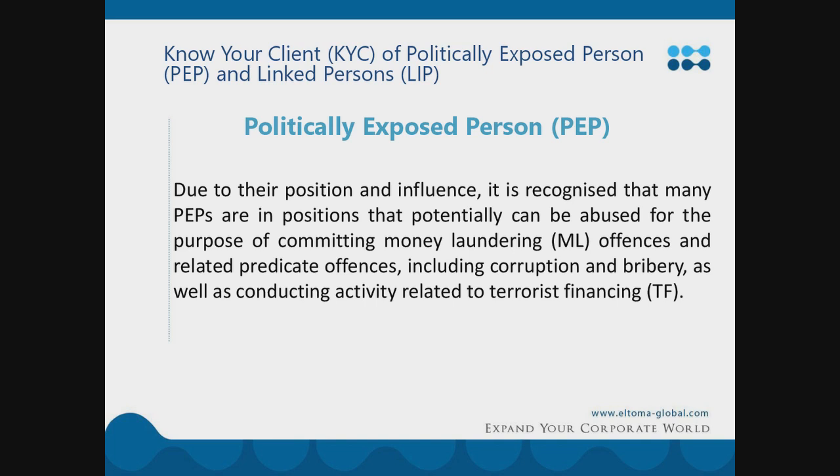Also, unfortunately, due to some situations and news, politically exposed persons can be involved in money laundering offenses, tax evasion, bribery, corruption, and also terrorist financing. So that is why politically exposed person clients will always be high risk, and you need to keep an eye on all their activity.